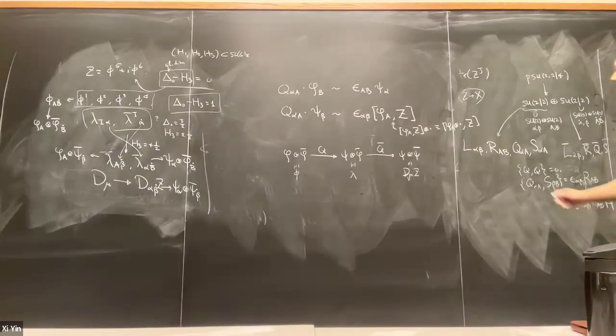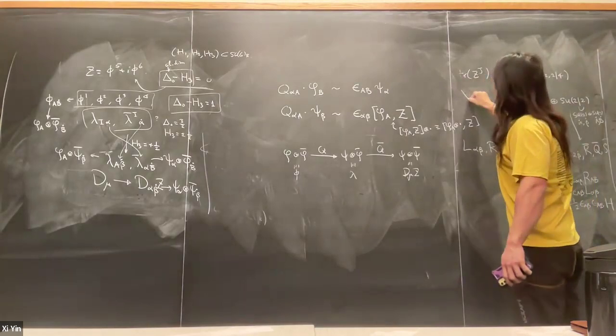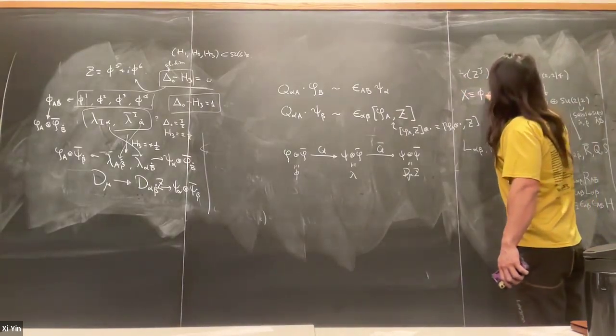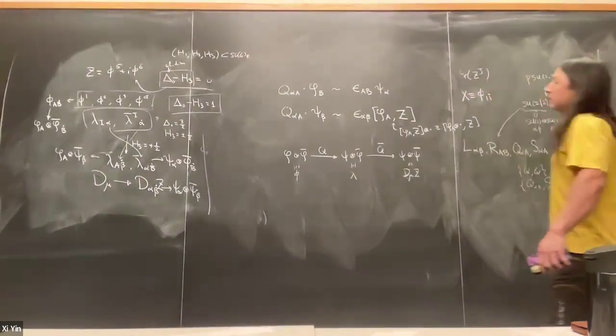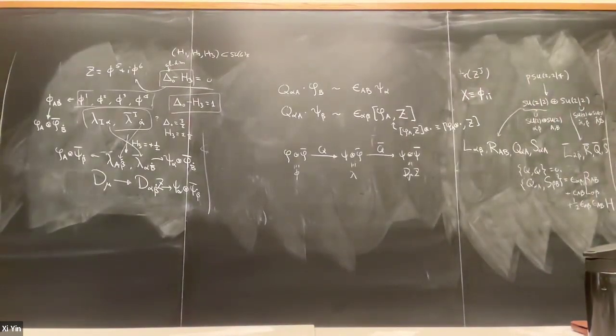Yeah, I think I can identify X with phi 1 dot. In fact, I can choose X to be any phi. I can replace X with any phi a b dot if I fix that index convention.